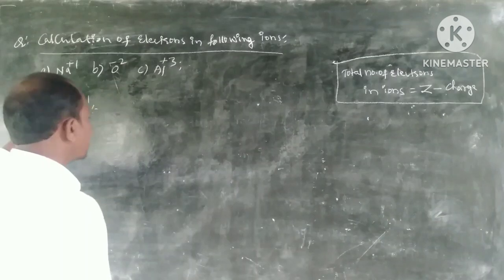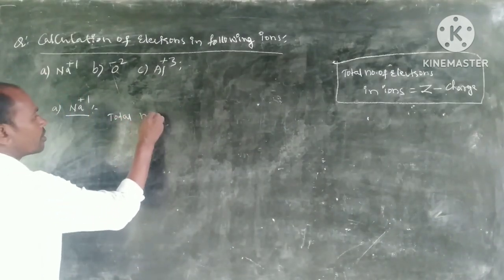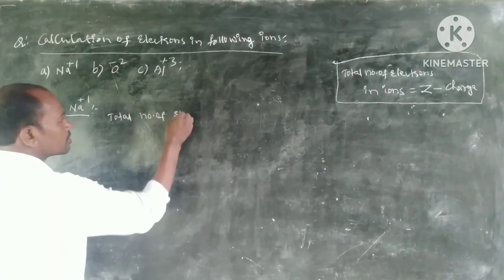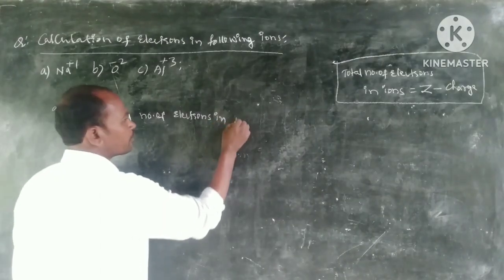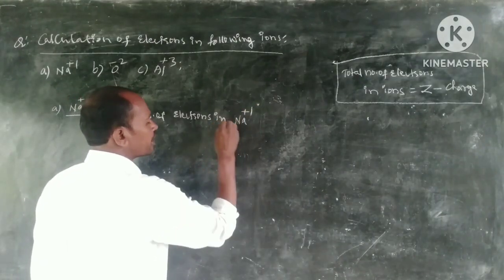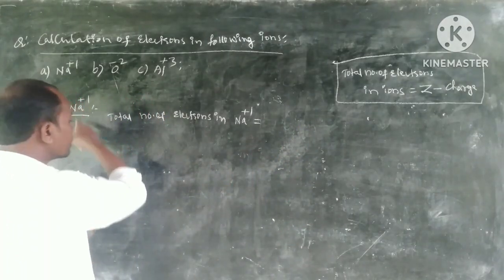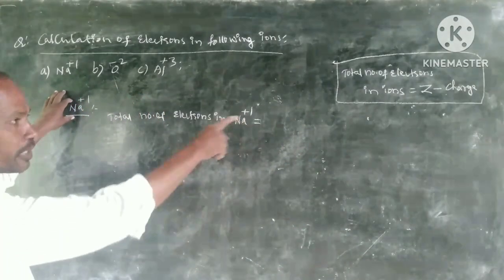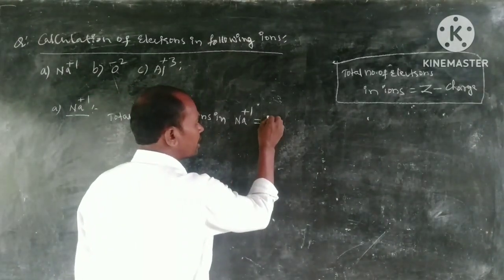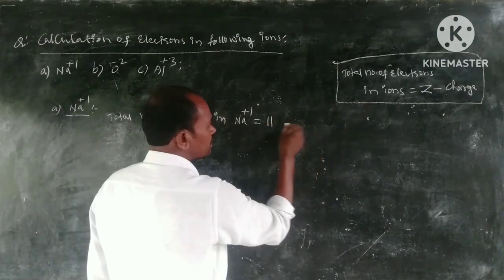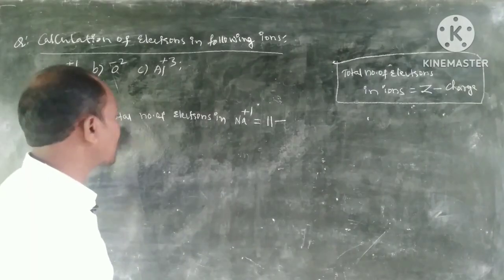So the total number of electrons in Na plus 1 is equal to the atomic number of sodium, which is 11, minus the charge of sodium, plus 1.